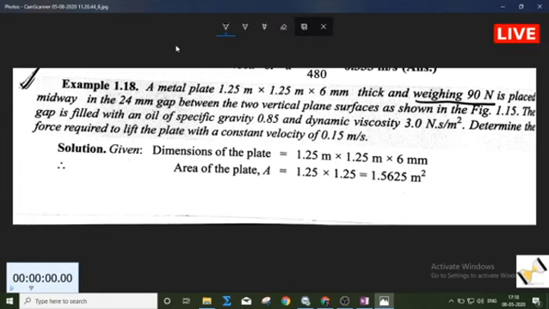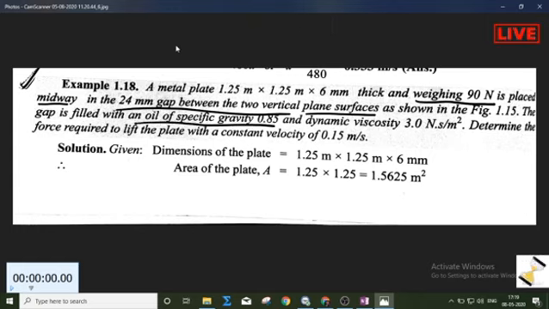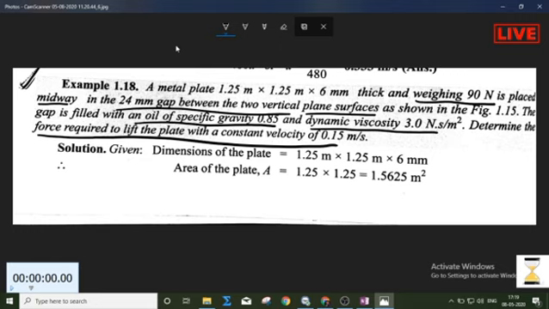It is placed exactly midway in a 24 millimeter gap between two vertical plane surfaces. The gap is filled with an oil of specific gravity 0.85. The dynamic viscosity is given as 3 Pascal second. We have to find out the force required to lift the plate with a constant velocity of 0.15.